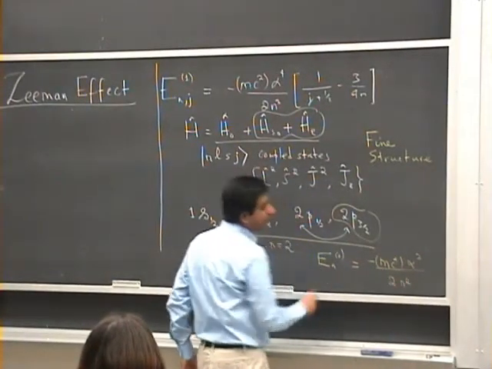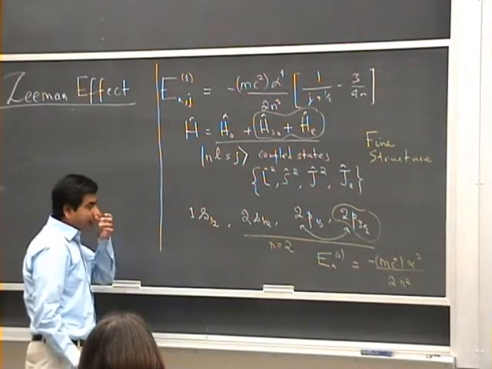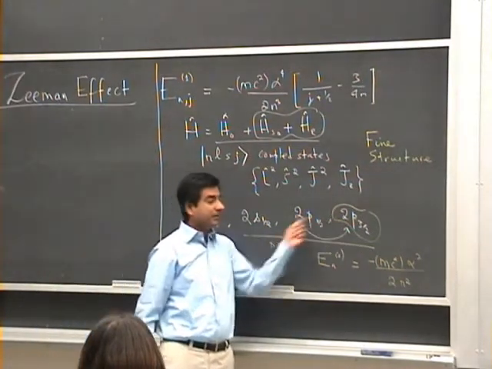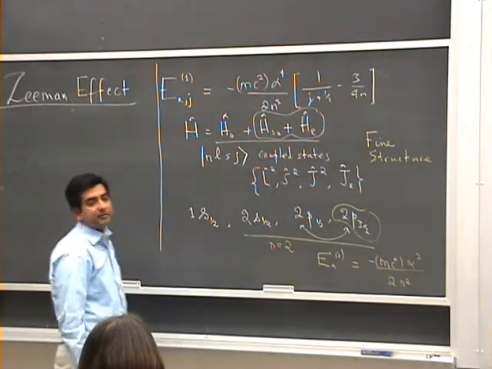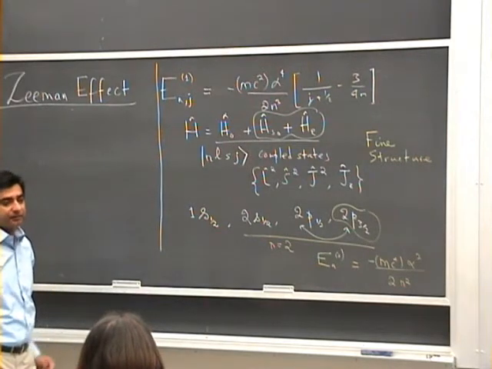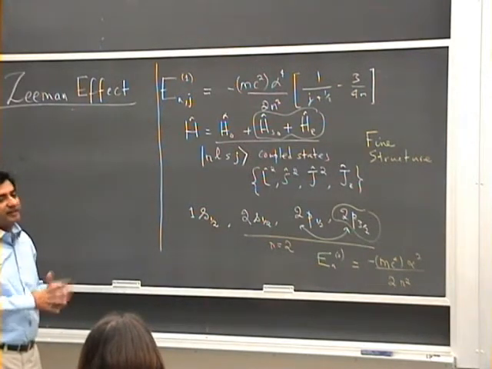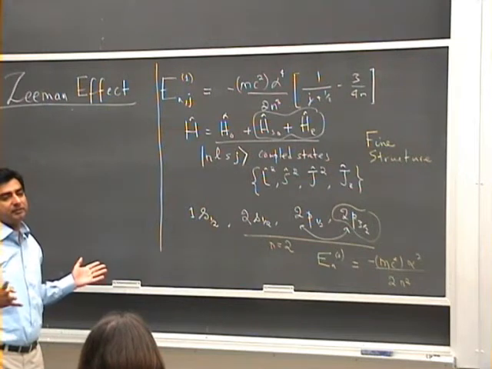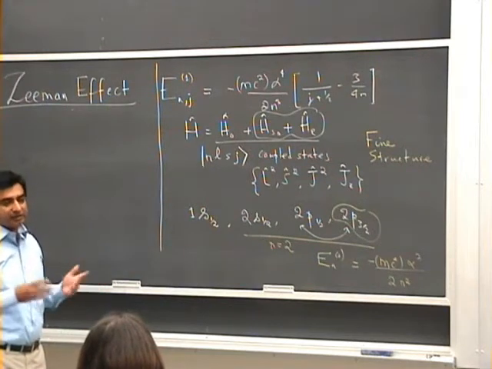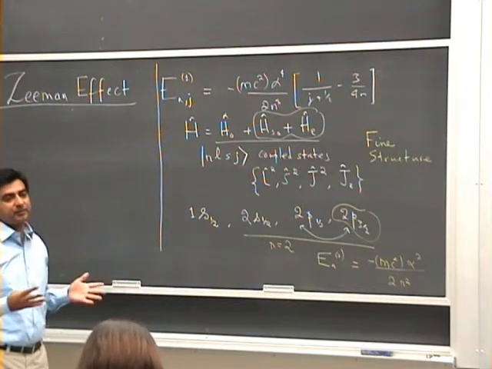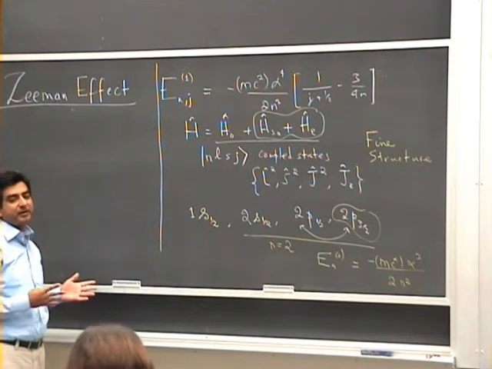It only depended upon n. But now states with the same n but different values of j become non-degenerate, they have different energies. So the spin orbit interaction has lifted the degeneracy. It has unveiled the finer structure within the n subspace. That's what the spin orbit interaction has done.